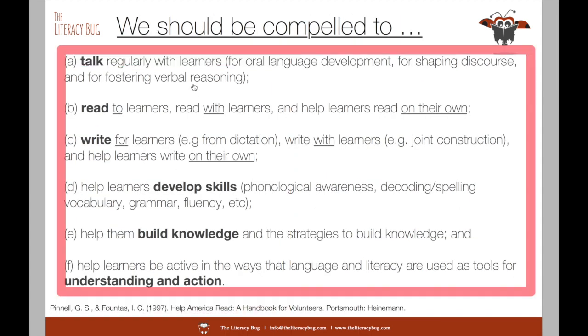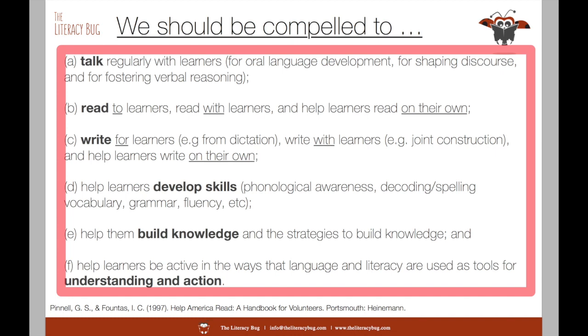Because as teachers, we should be compelled to talk regularly with learners, for their oral language development and verbal reasoning as well. Read to learners, read with learners, and help readers learn on their own. Write for learners, write with learners, and help learners write on their own.